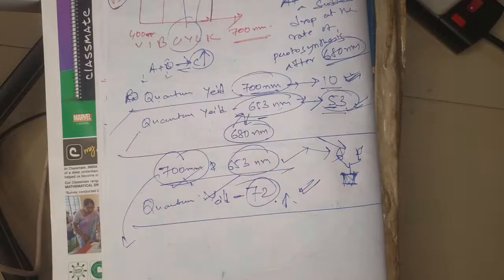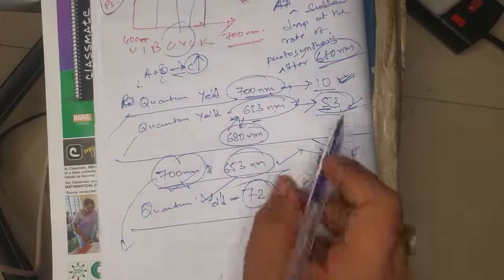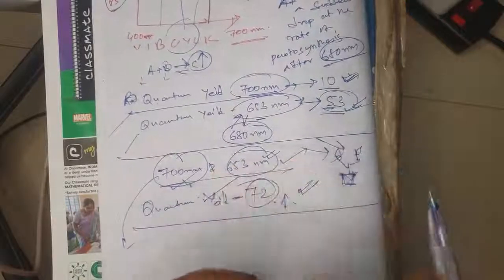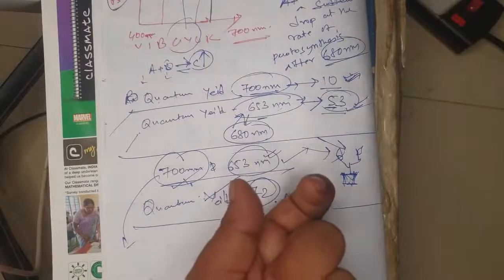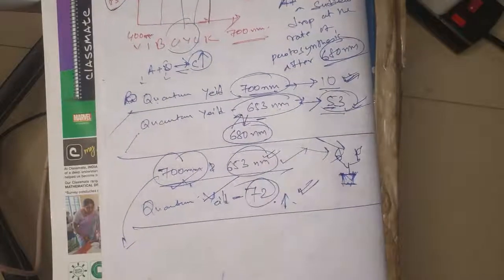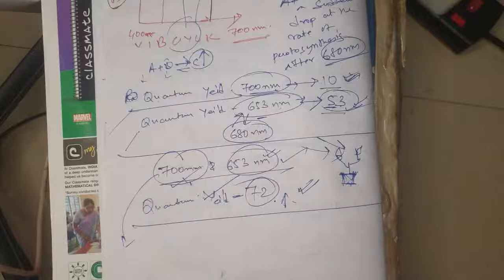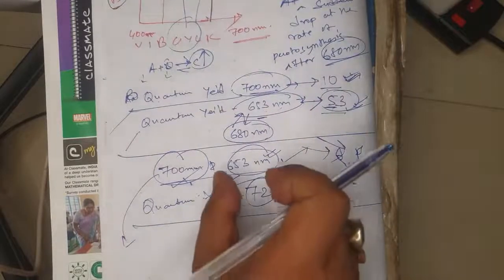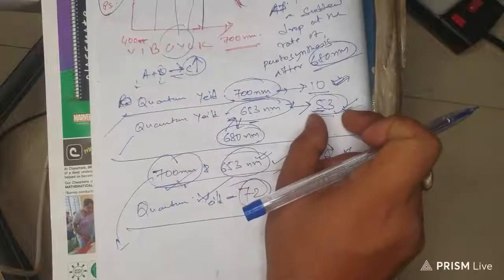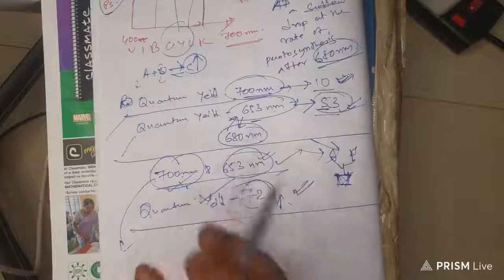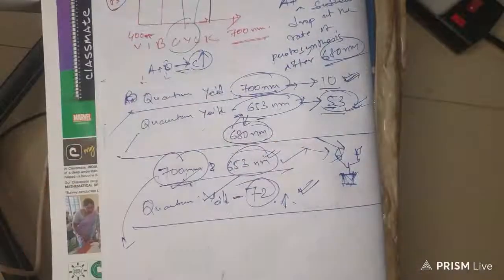And if you would have given just 653 nanometer, then quantum yield is okay, because this chlorophyll molecule which is absorbing 653 nanometer is working alone, hence giving 53 and not getting the support of the 700 nanometer molecule, the molecule which is absorbing.